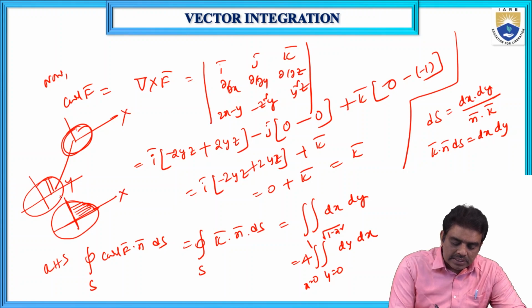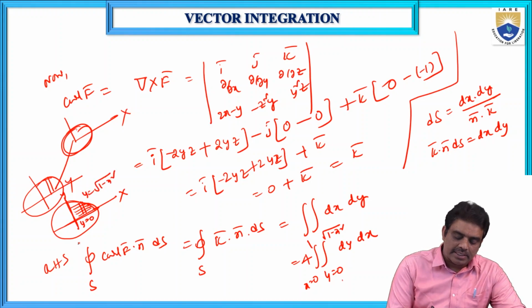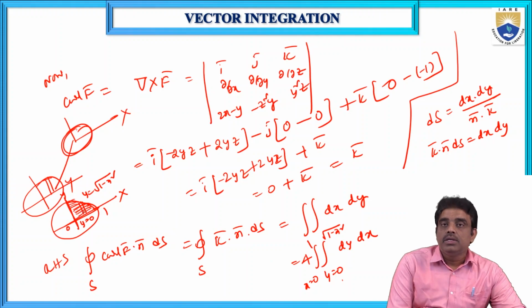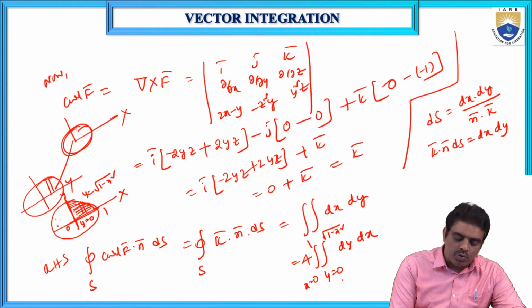So here x-axis, y-axis, on considering the strip parallel to y-axis, y 0 to root of 1 minus x square, that is the limit, y 0 to root 1 minus x square, and x varies from 0 to 1, and this is one area of the quadrant. So to get the full area, we have to multiply with 4: 1, 2, 3, 4.